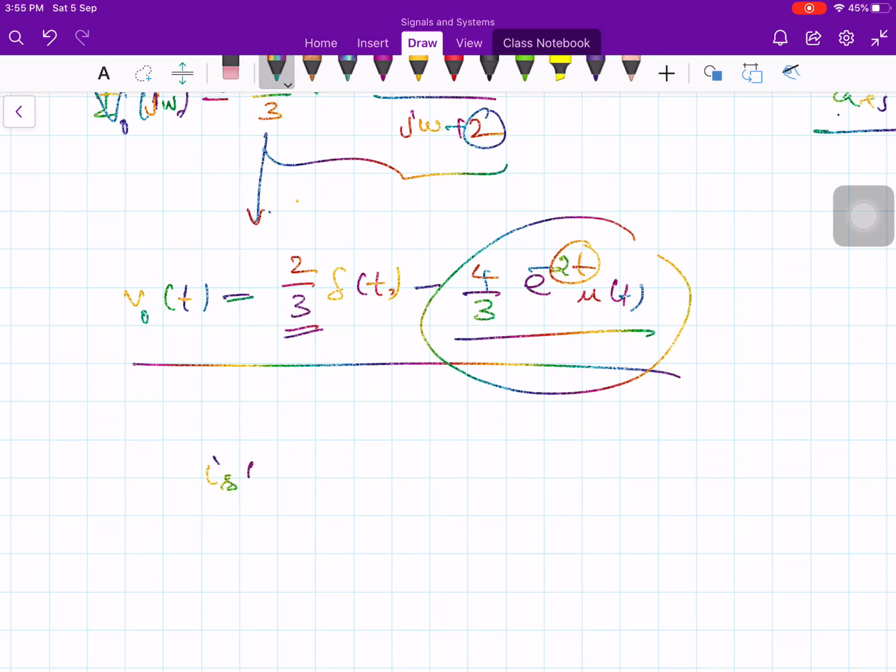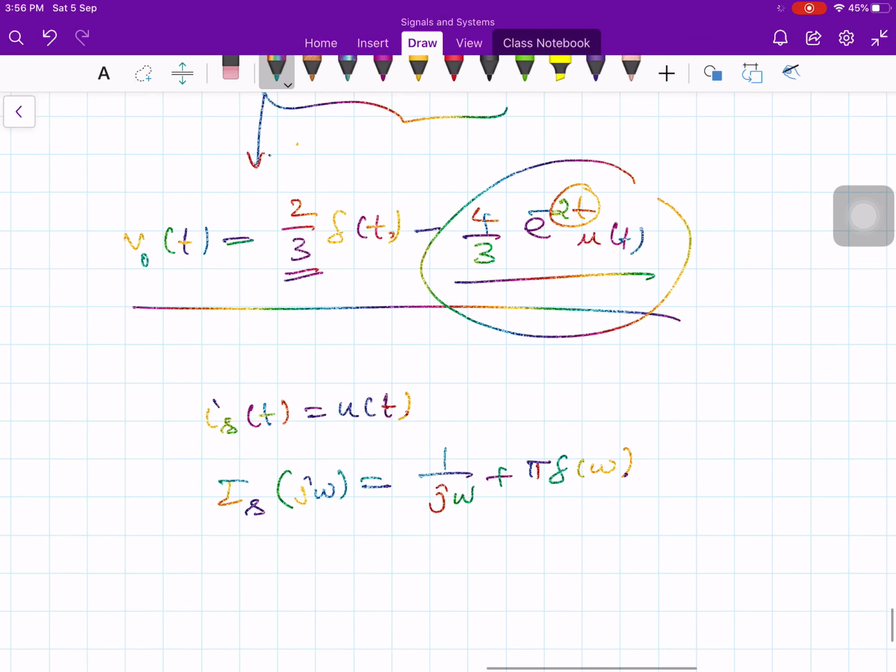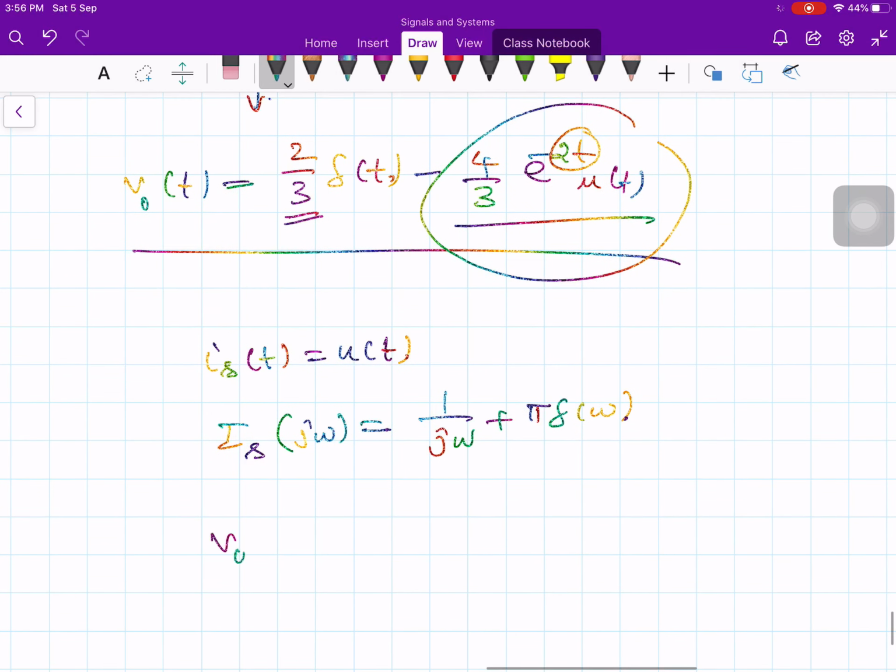In case the input is u of t, Is of t is equal to u of t, then what is your Is of j omega? Is of j omega is equal to, in Fourier transform, 1 by j omega plus pi times del of omega. So V naught of j omega is equal to H of j omega multiplied by Is of j omega.